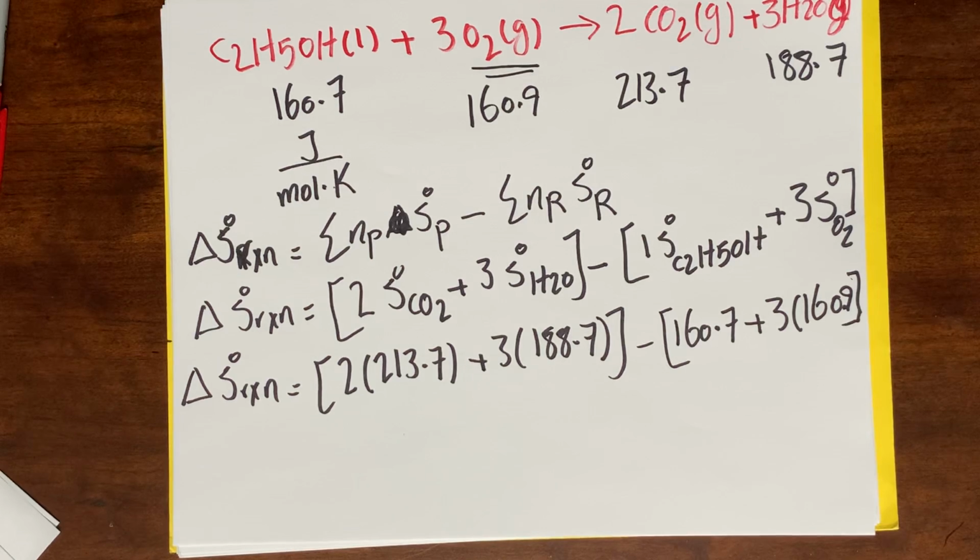So I have 2 multiply 213.7 plus 3 multiply 188.7 minus 160.7 minus 3 multiply 160.9.